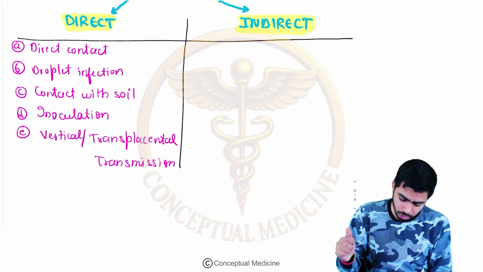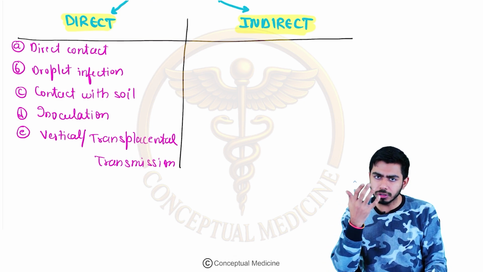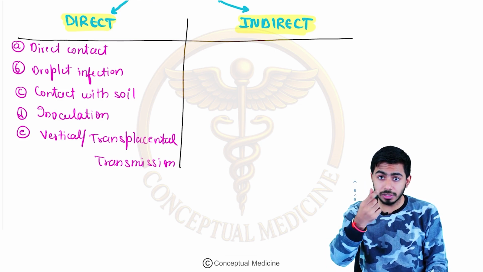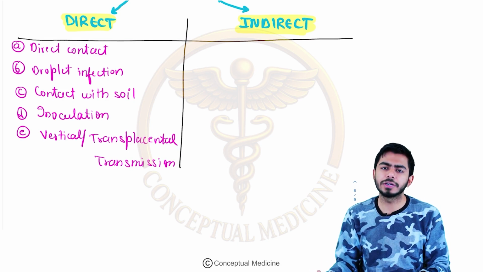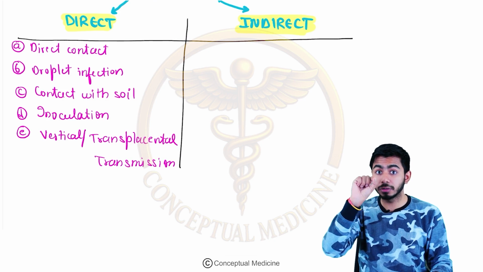Then you are having your droplet infection. For example, you are sneezing. Whenever you are sneezing, you are having the droplets. Those are having the bigger size, and then you are having droplet nuclei. If I am sneezing right now, first of all I am having the bigger droplets.